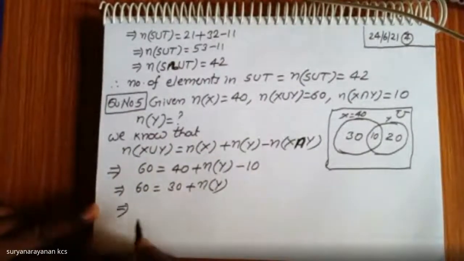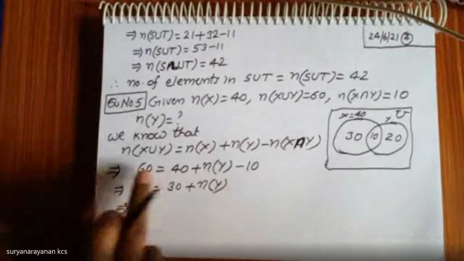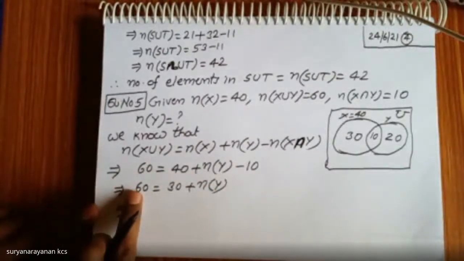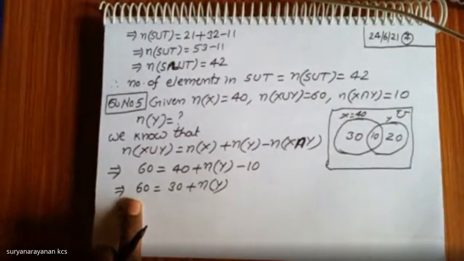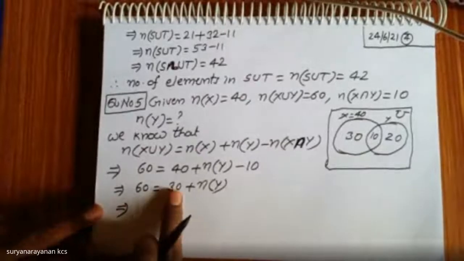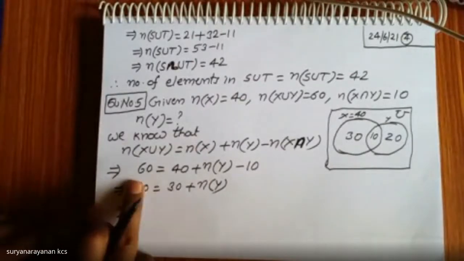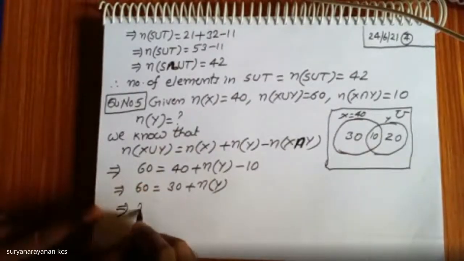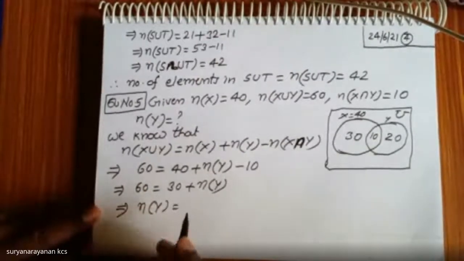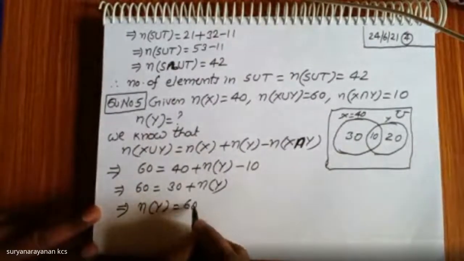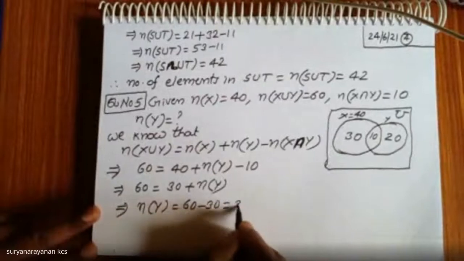This implies we transpose the 30 to the LHS. So n of y is equal to 60 minus 30, that is equal to 30.